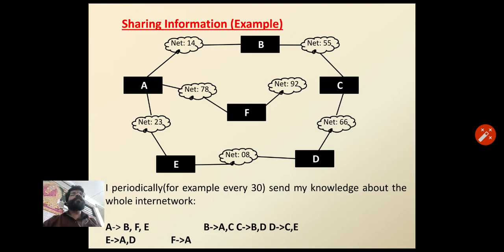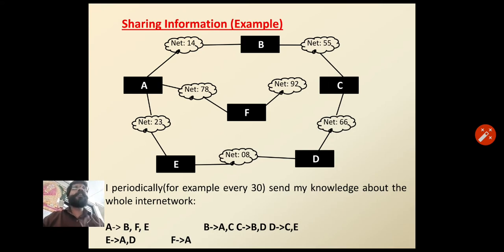Router A has knowledge about the whole network. So, basically how to share the information? A has 3 routers which are directly connected, that means B, F and E are neighbors of A. The value of A can be transmitted to B, F, E. Again router B can transmit information to its neighbors. Who are the neighbors of B?